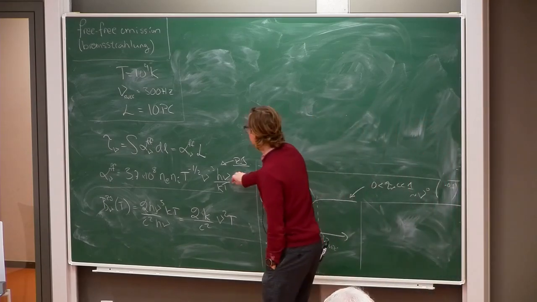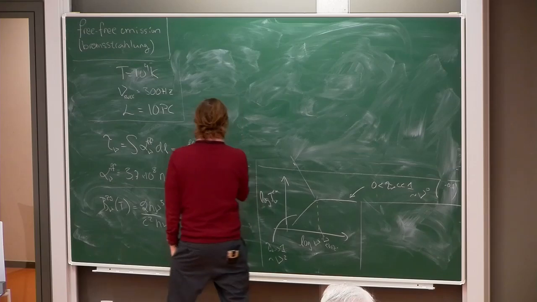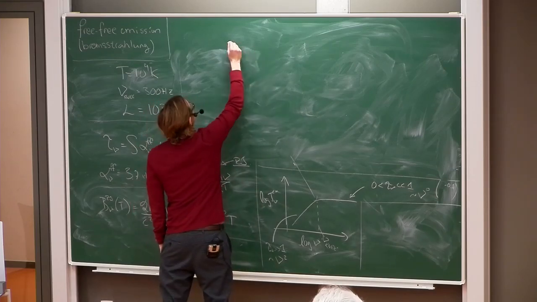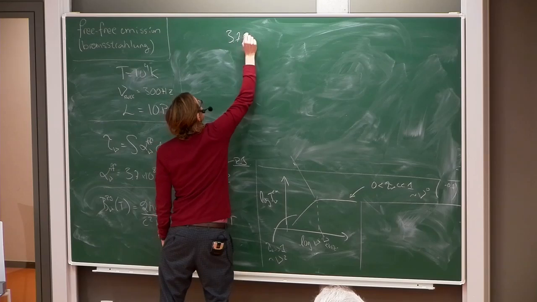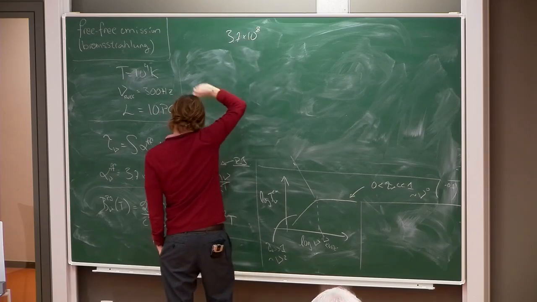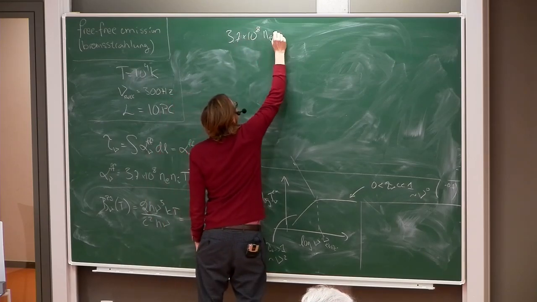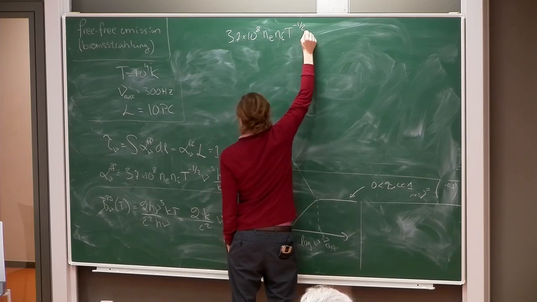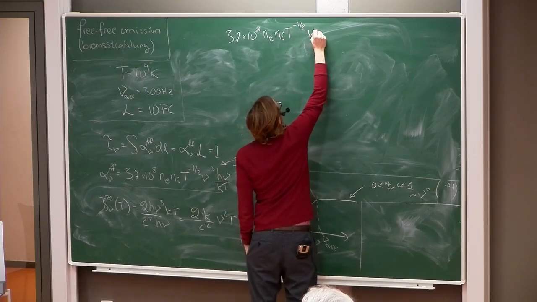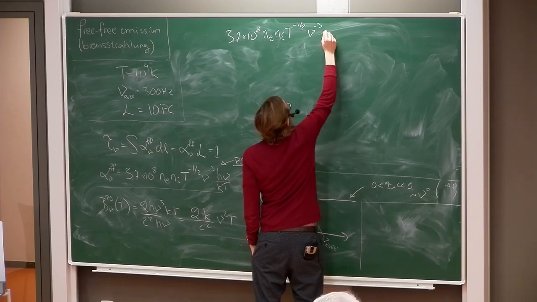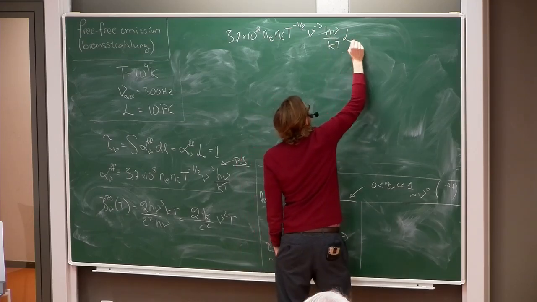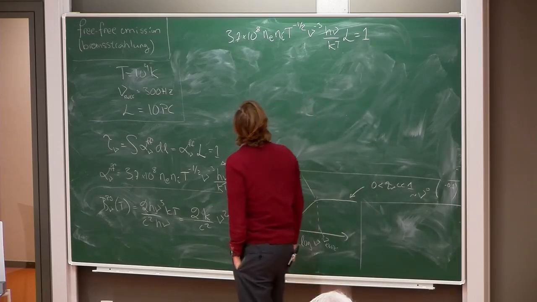Well, then we just have this, and we set this to unity. So 3.7 times 10 to the 8 N_E N_I T to the minus 1/2 nu to the minus 3, and then Rayleigh-Jeans times the length, and that's unity, okay?